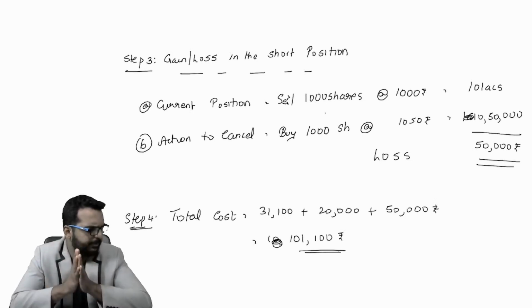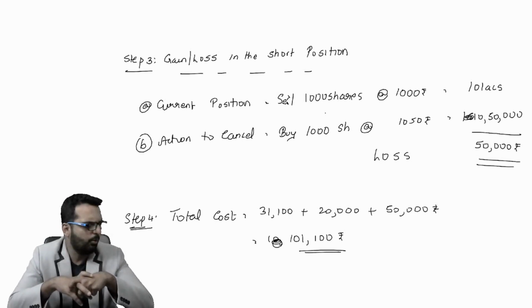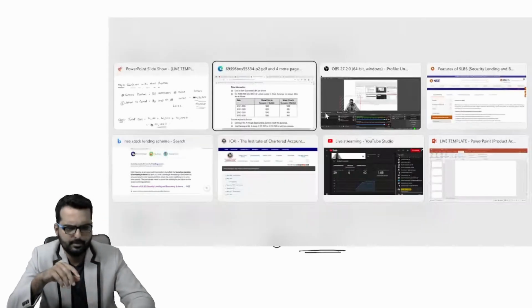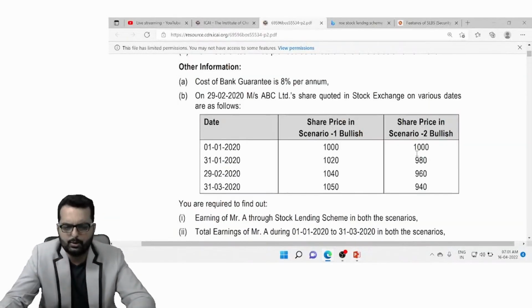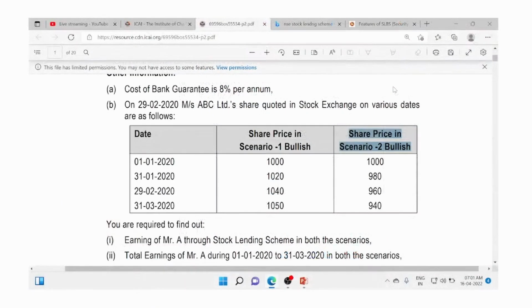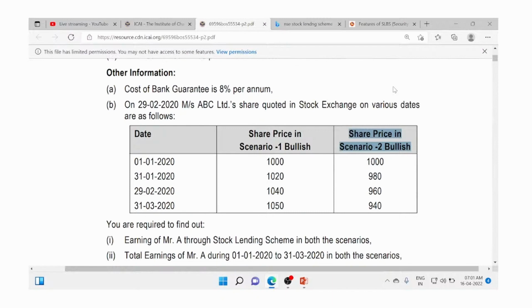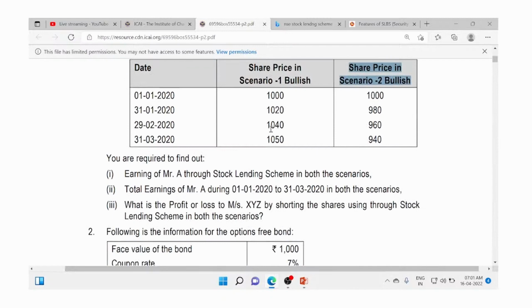All right. So I'll show you the question based on which you can do it on your own now. Come on, friends, do this scenario now. Situation number 2. Manasa, they have taken the dividend income in the solution. That is another mistake. They have not told anything about dividend income in the entire question.